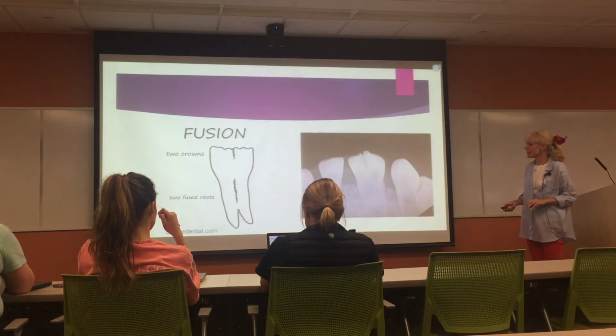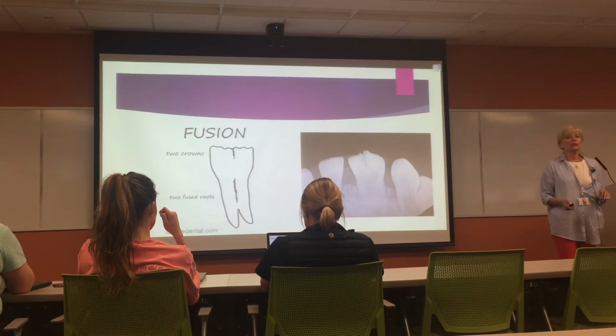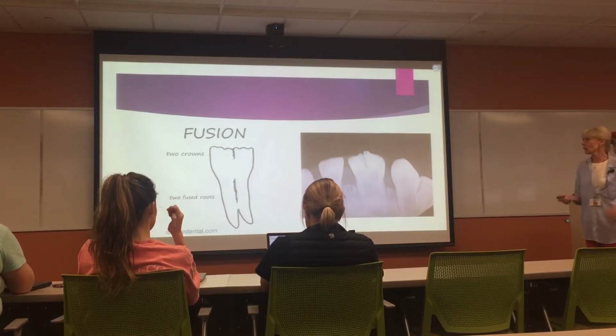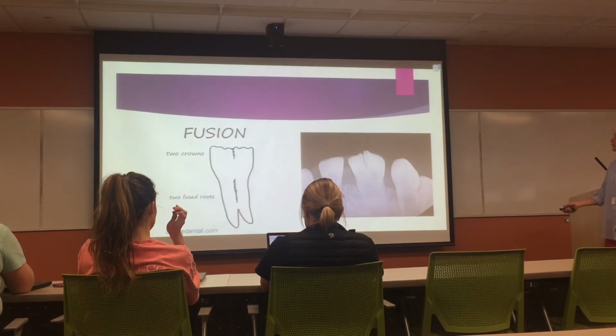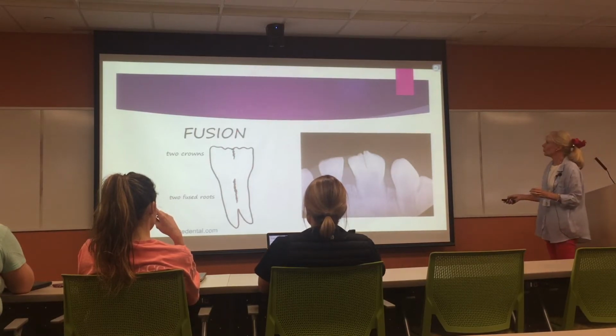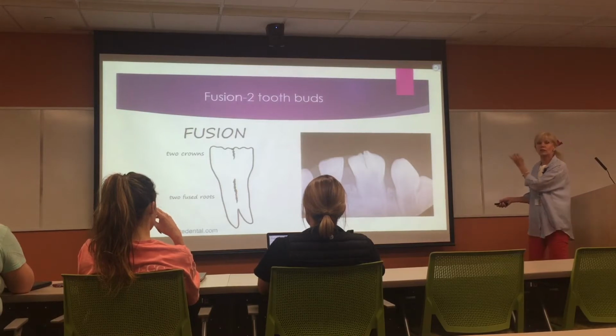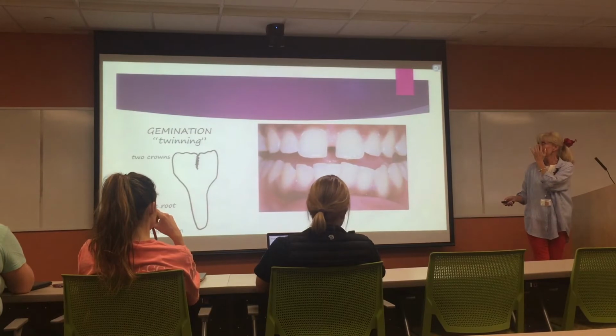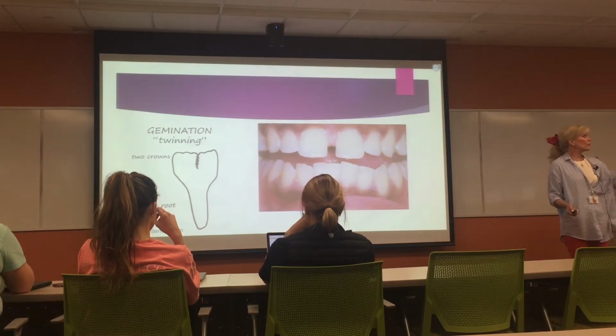Oh, remember this? Fusion, tooth fusion, when you will actually have two fused crowns and roots. So if you were just to see a tooth, we have actually two tooth buds in tooth fusion, whereas in gemination, Gemini means twins.